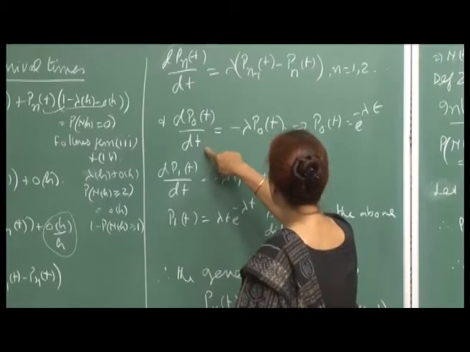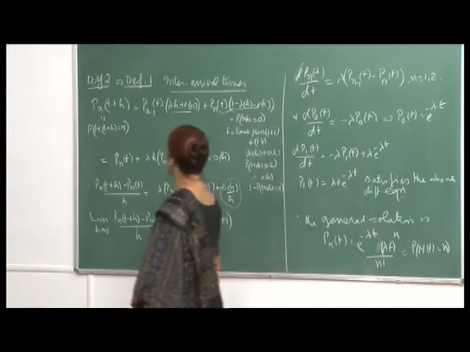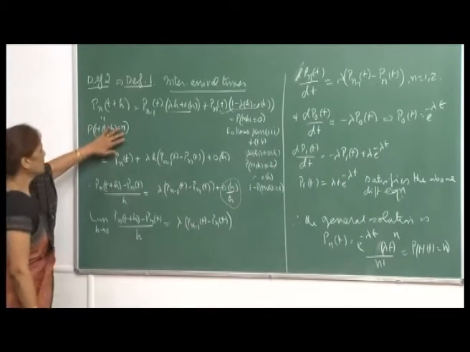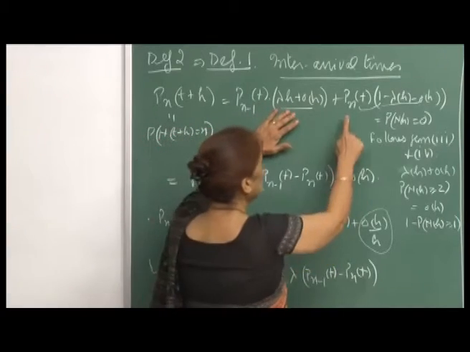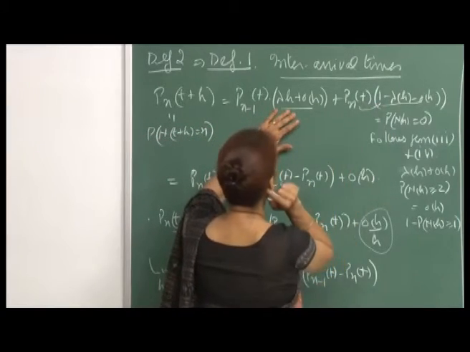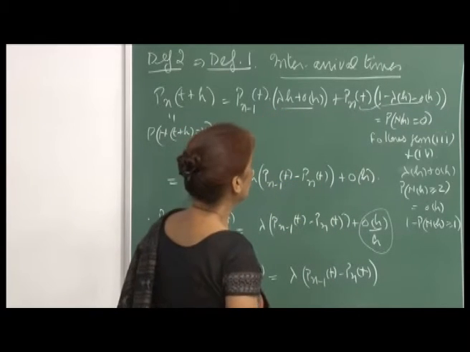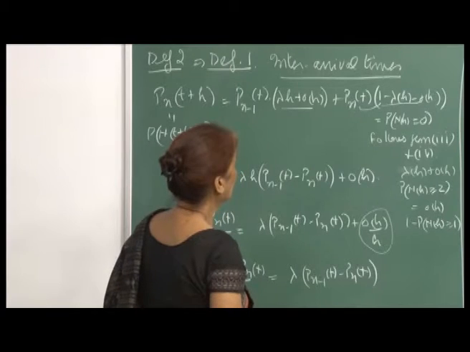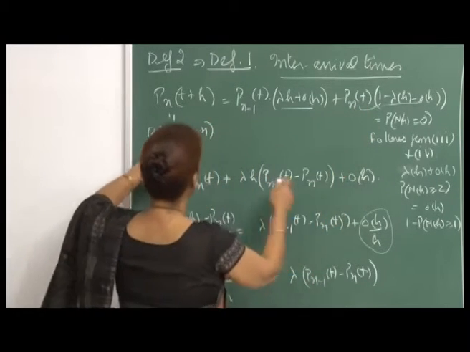And dP_0(t)/dt is minus lambda P_0(t), because when you are looking at n equal to 0, you do not have the n minus 1 term; you simply have P_n(t). Since it becomes crowded, let me write it down separately.